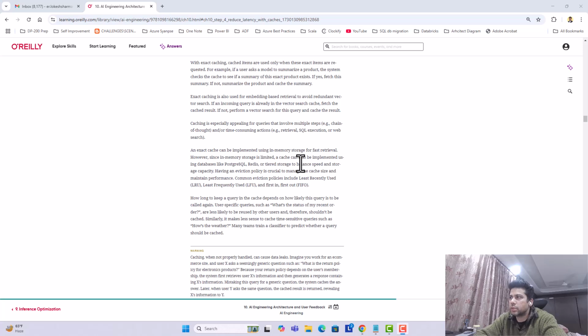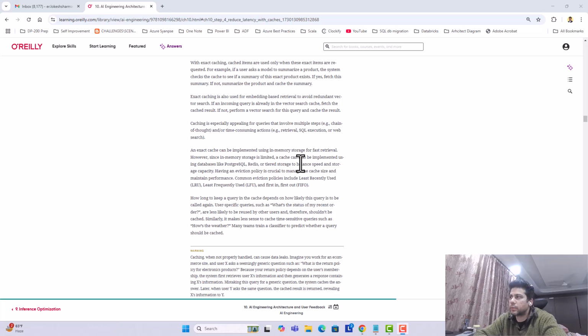So in addition to vector DBs, we could also use some of the other DBs like PostgreSQL, Redis, or tiered storage, or an RDBMS, based on what we want to do or what sort of data we are dealing with. And then they're saying that in order for caching to be effective, we need to have in-memory storage, which means that the cache results should be stored in your RAM.